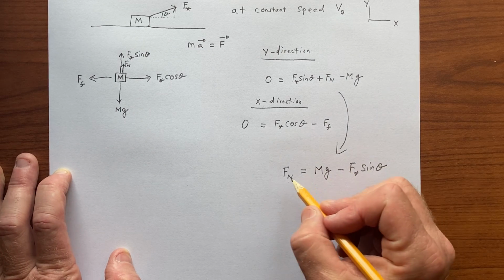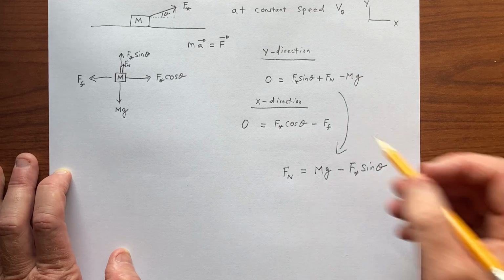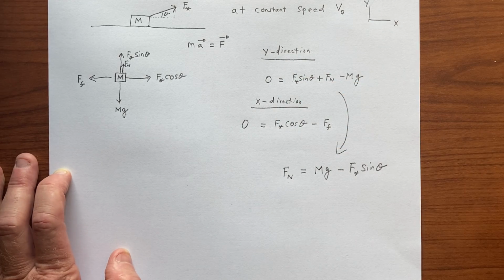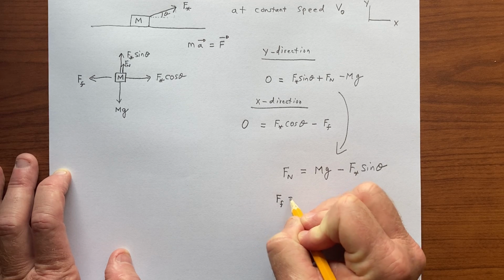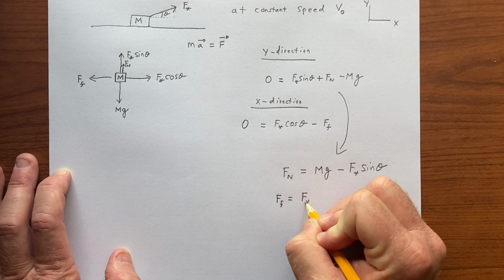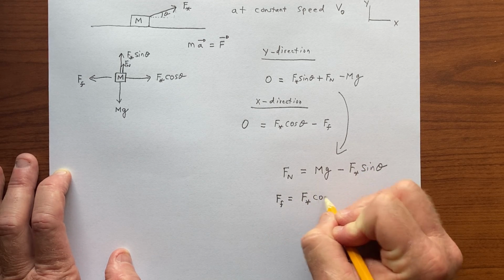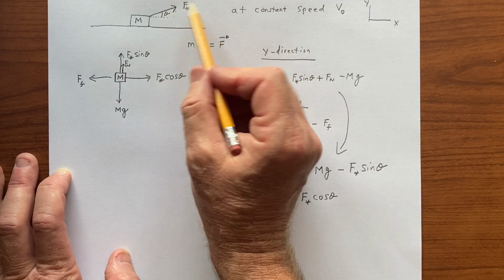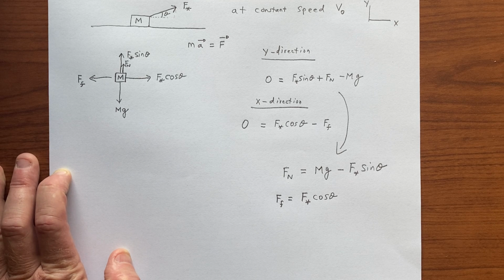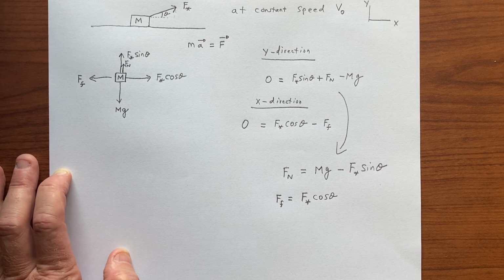And so the normal force is less than that. So that's one thing that pops out of this. And as we said, it must be true that there's a frictional force in this case, which is equal and opposite to the horizontal component of the force of the person that's pulling the suitcase, if that's what this object is. So those are some of the things that come out of F equals ma in this case.